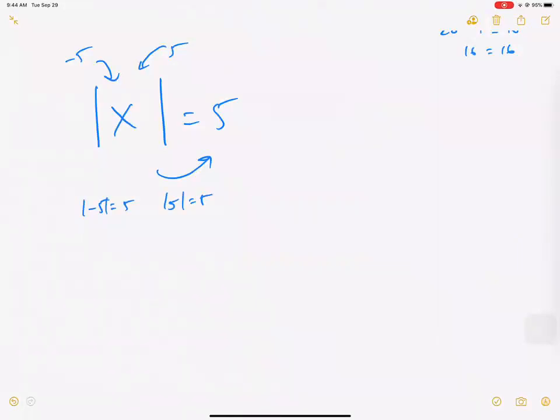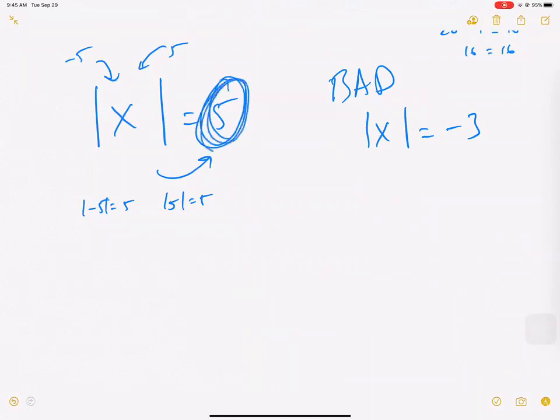It makes everything positive. But if you ever see a problem that does this, that is bad, okay? Absolute value of x equals negative 3. Wait a minute. You just told me absolute value makes everything positive.